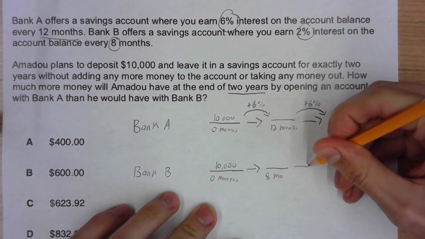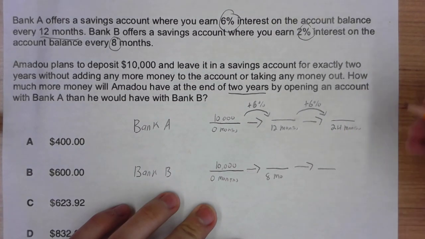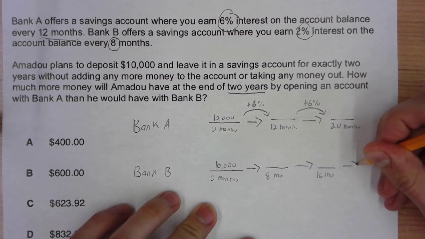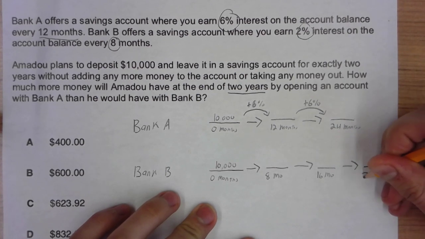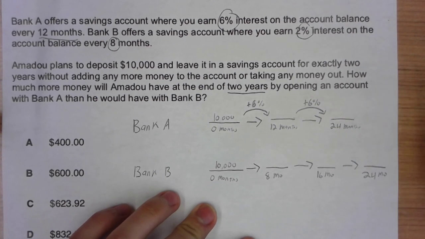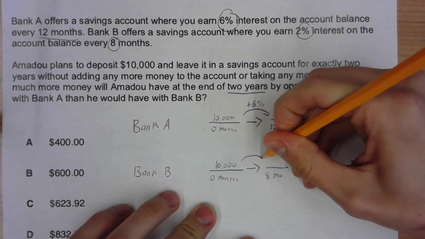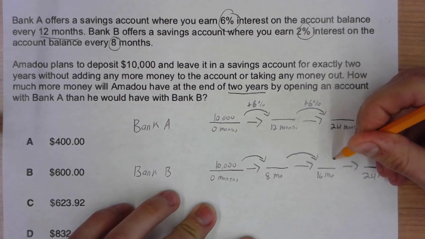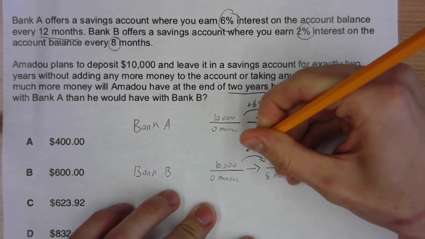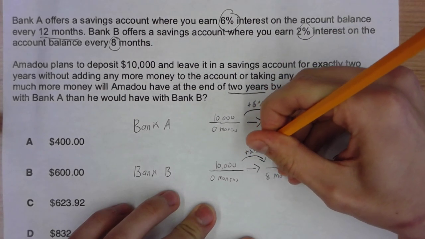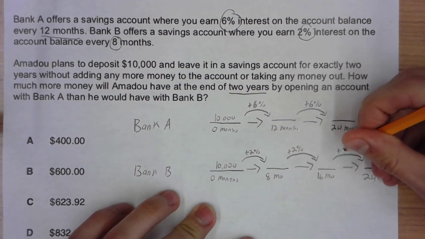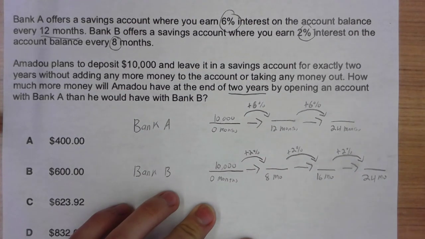Our second stop on the roadmap is 16 months later. And our last stop will be at that 24 months or 2 years. And every step of the way, we will be increasing by 2%. All right, that is our uncompleted roadmap.